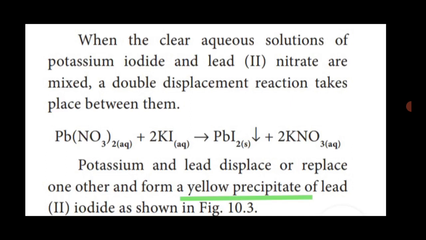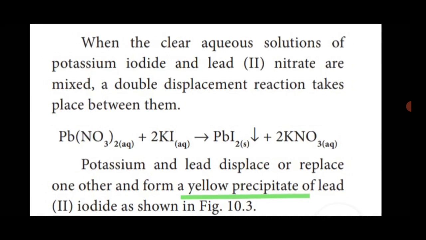An arrow mark pointing up indicates the substance is gaseous. An arrow mark pointing down indicates the substance is precipitated, that is, an insoluble compound. In this reaction, lead iodide is the insoluble compound, and the soluble compound is potassium nitrate, KNO3.